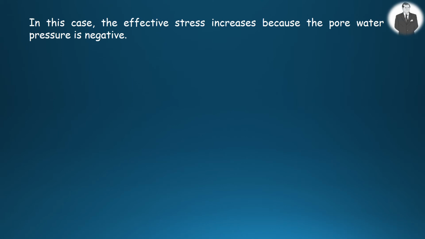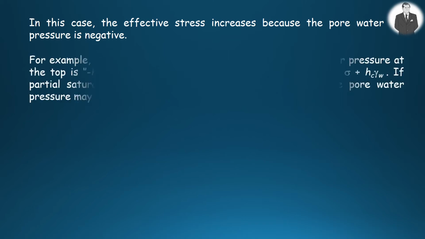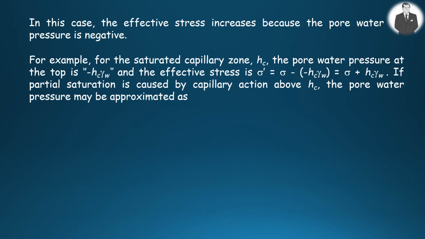Since the pore water pressure in the capillary zone is negative, the effective stress will increase. For example, for the saturated capillary zone, the pore water pressure at the top is Hc times gamma water. It is negative because it represents the pore water pressure in the capillary zone. So the effective stress in this case will be sigma plus Hc times gamma water.